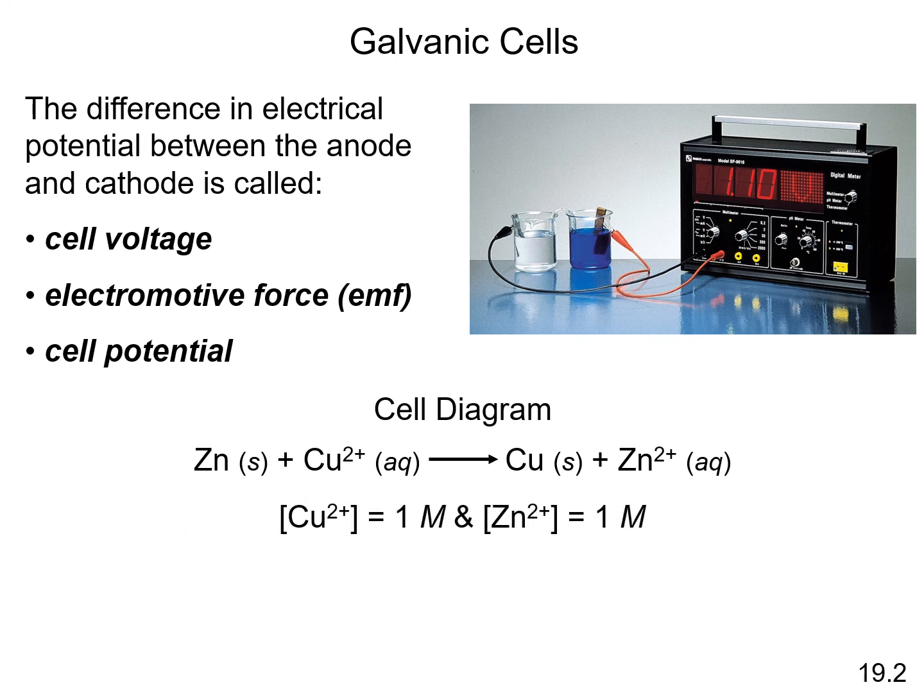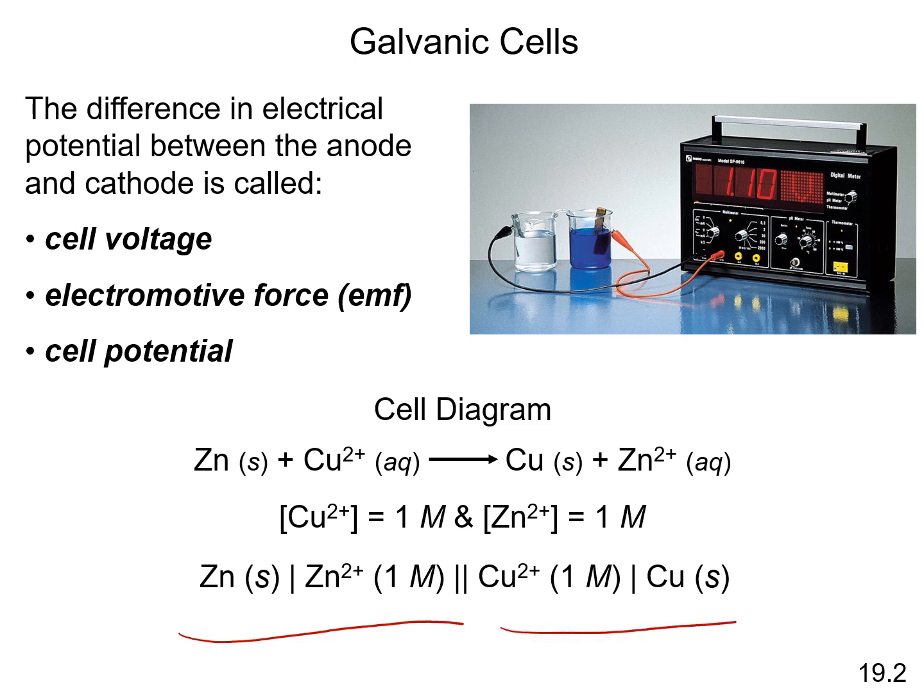So in the cell notation, we indicate basically the two reactions, oxidation and then reduction, and then the concentrations of our ions, okay, and then the state of the reactants and the products. So for example, in this reaction, the cell notation is divided into two parts. We have the left and then the right. So the left is our oxidation.